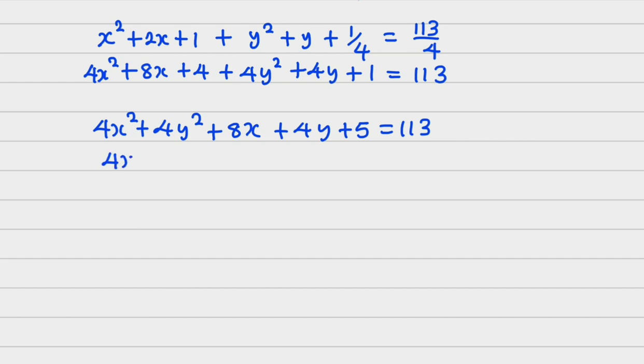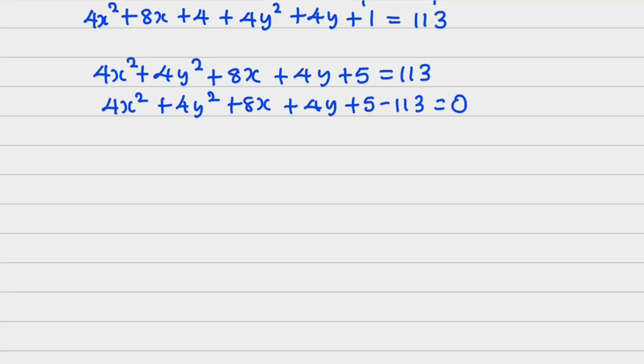Now this is 4x² + 4y² + 8x + 4y + 5 − 113 = 0. So everything boils down to 4x² + 4y² + 8x + 4y − 108 = 0.